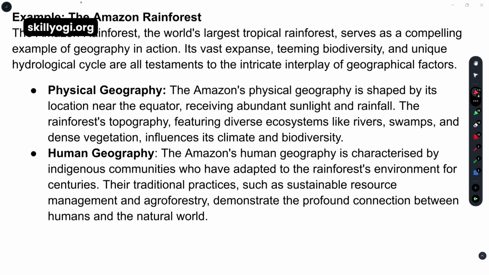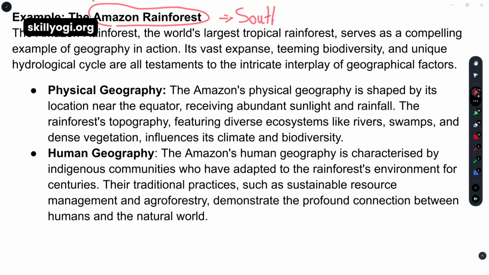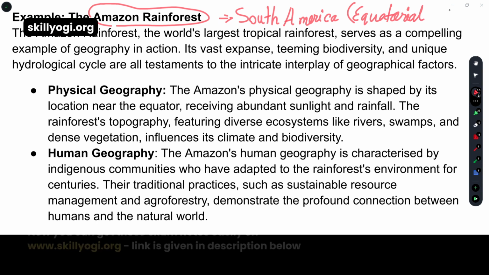First we are going to learn about the example, the Amazon rainforest. Where is it? The Amazon rainforest is in South America. We know it's an equatorial rainforest because it's located in the equatorial part of our world.